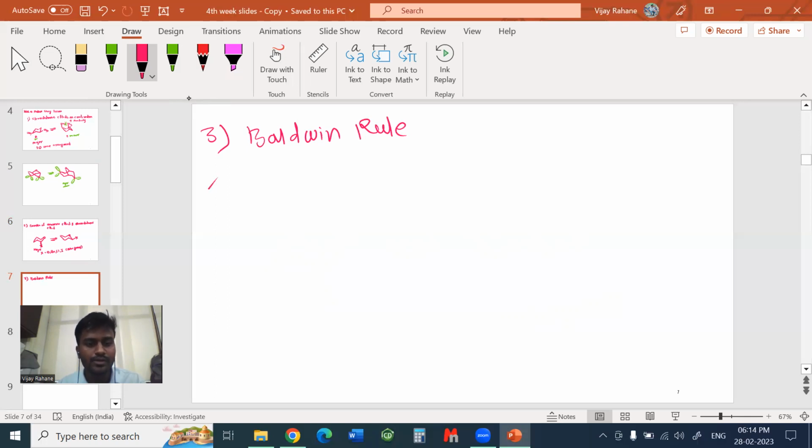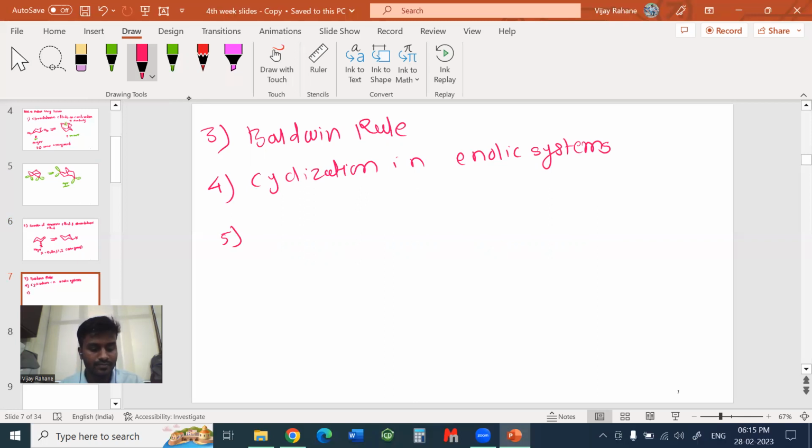We covered some example reactions in which the Baldwin rule is very important to decide which product is major and which is minor, and also covered cyclization, enolic systems, and different problems based on Baldwin's rule.